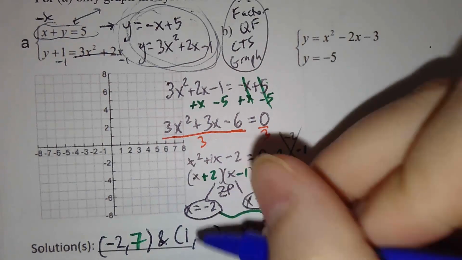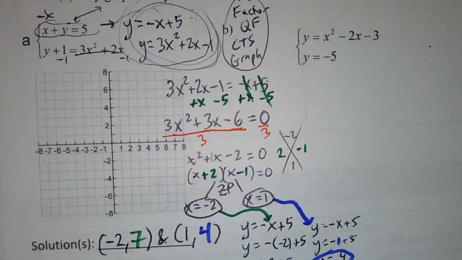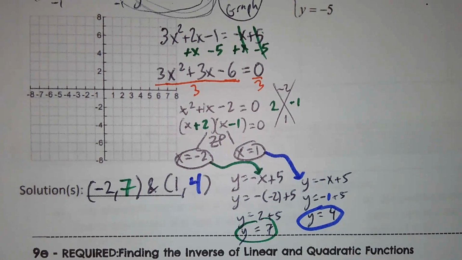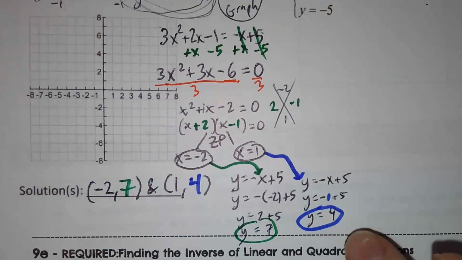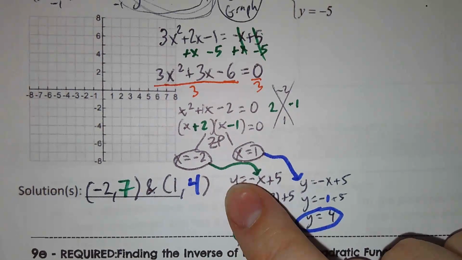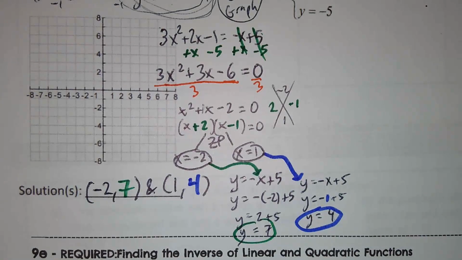So when I have 1 in as an input, the output is 4. So again, all I did was substitute those two values in for the x, and then it gives me an output of y. For the first answer, it was 7, and for the second solution, it was positive 4.